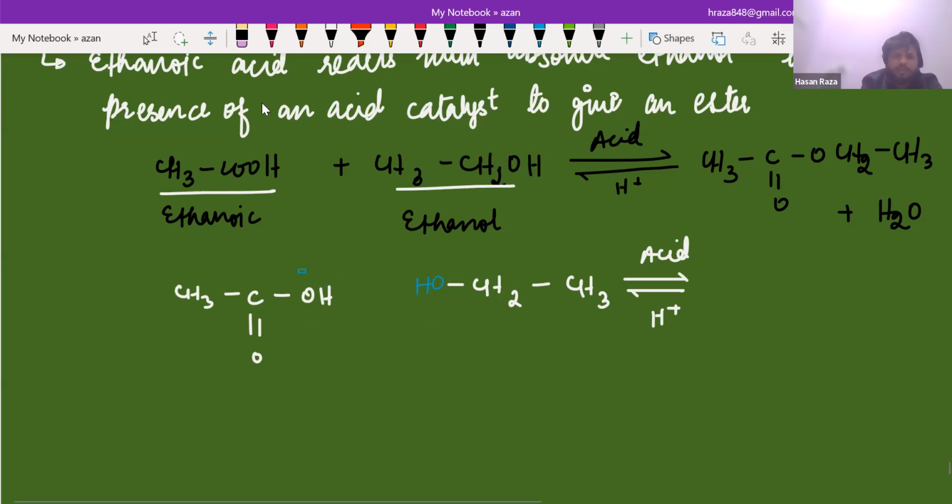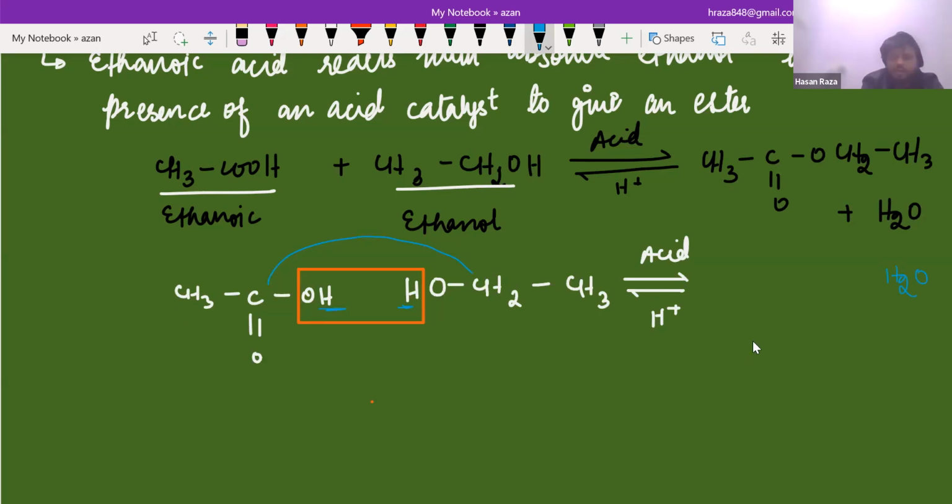This is your H and this is your O. Now I'm going to remove the water. If you remove this water, just bond this to this, and you can see the two hydrogens and one oxygen will form H2O.